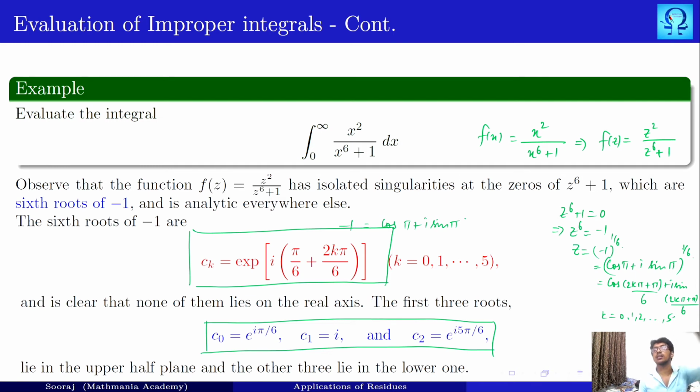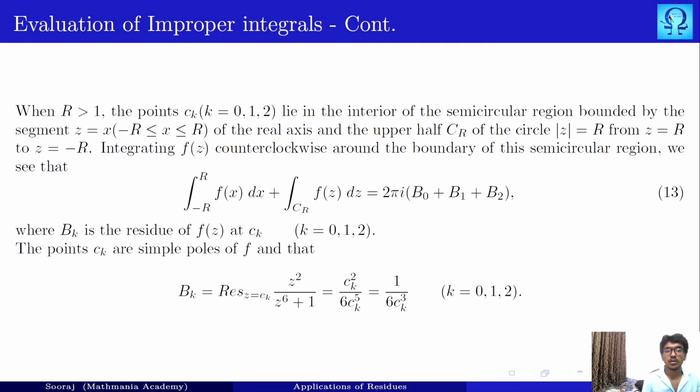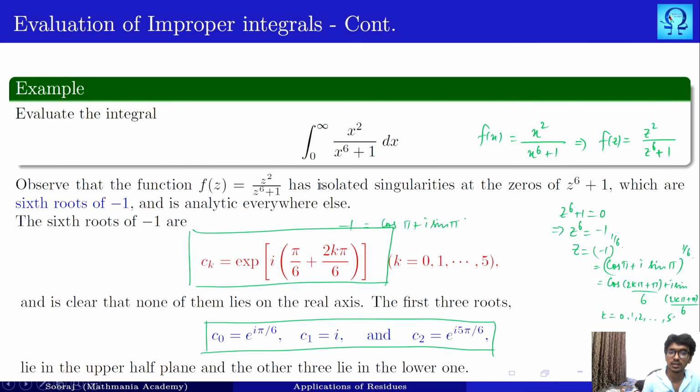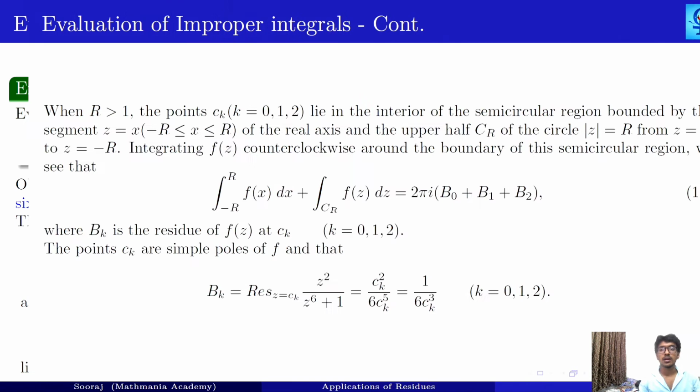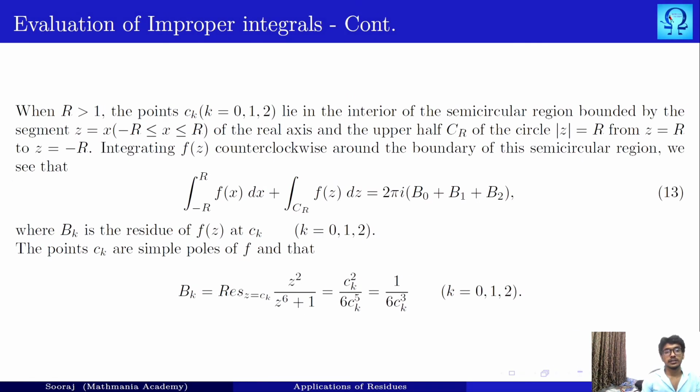We are just interested in the roots which lie above the real axis. Since these are the sixth roots of minus 1, when you choose your radius bigger than 1, all the roots are covered inside that semicircle. You can choose any radius bigger than 1, then the interior of the semicircular region along with the line on the real axis will cover all the regions.